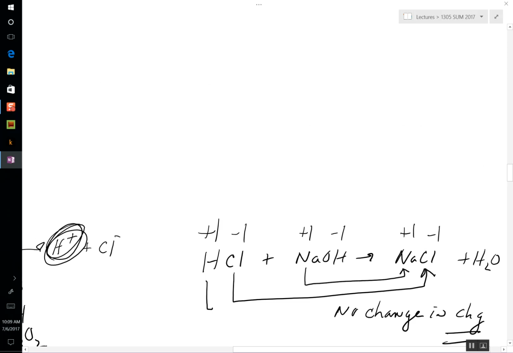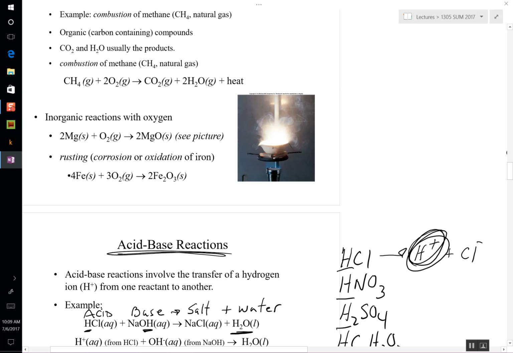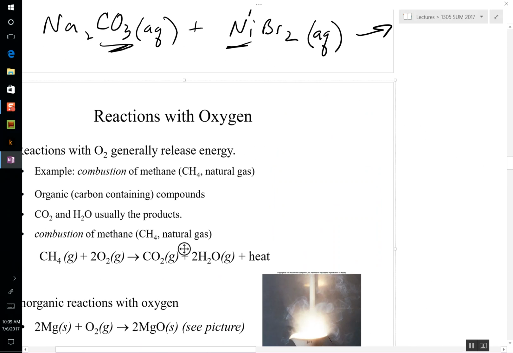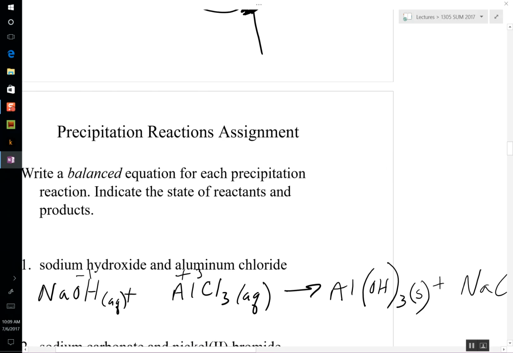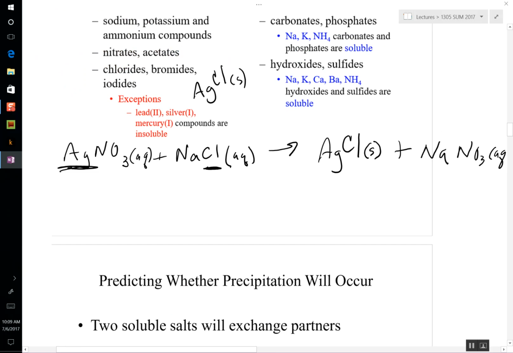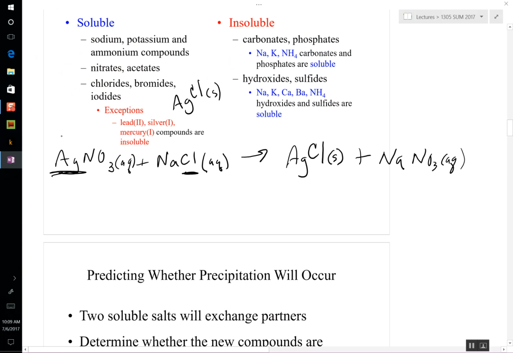That'd be likewise with the precipitation reactions. You'd see the same thing there. Let me see an example here. Yeah, here this is a +1, -1, +1, -1, +1, -1, +1, -1.